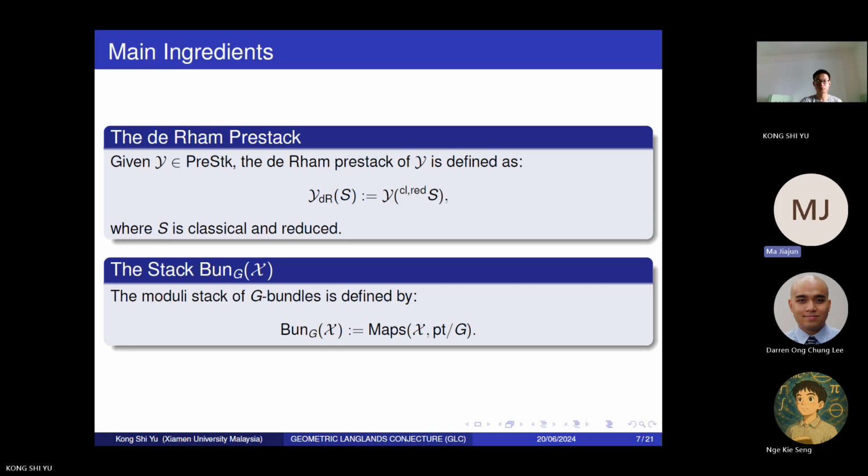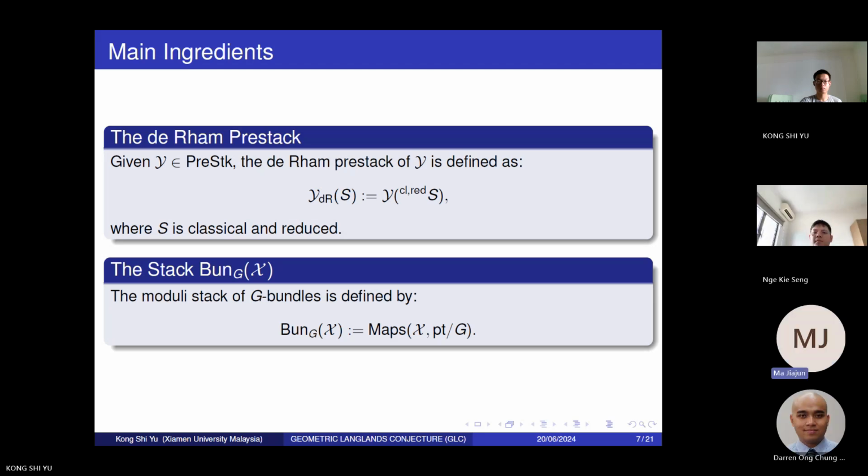So X is an arbitrary scheme, right? Let's say X is a point. What are the elements in Bun_T of a point?